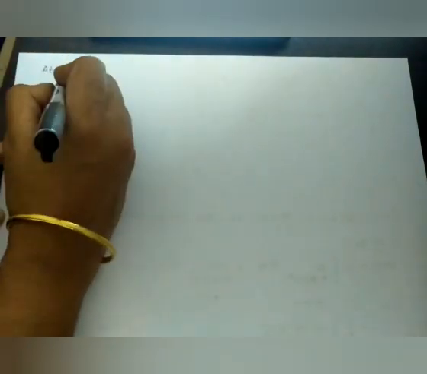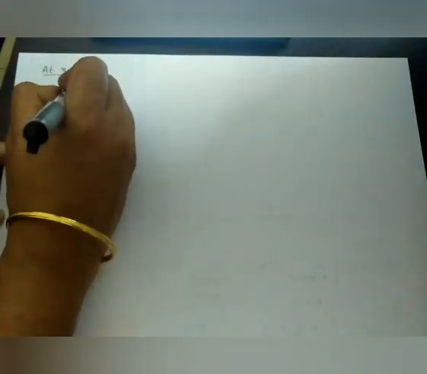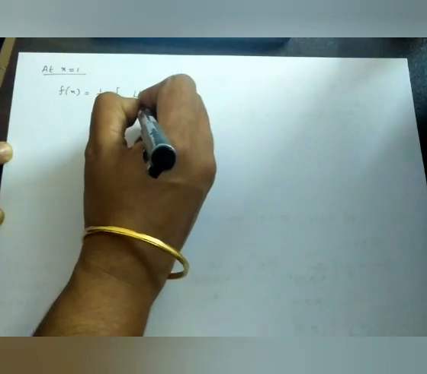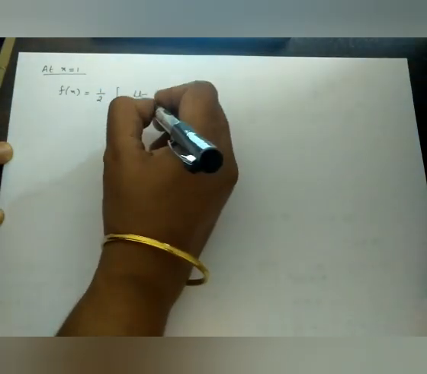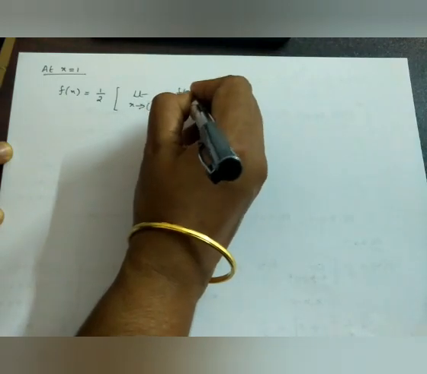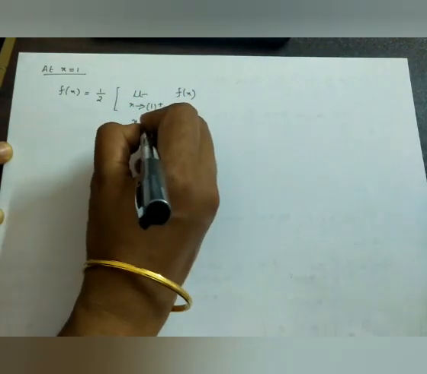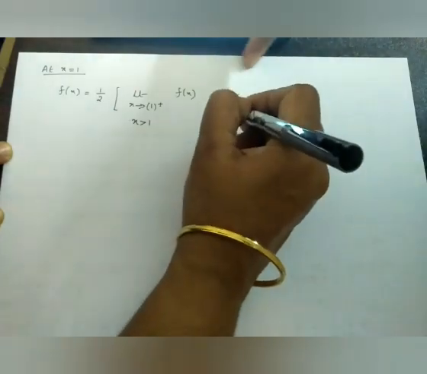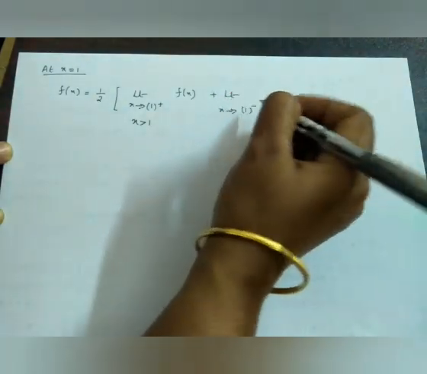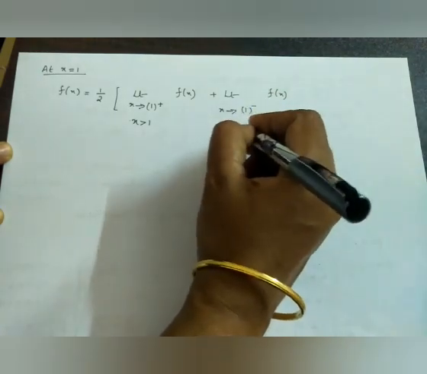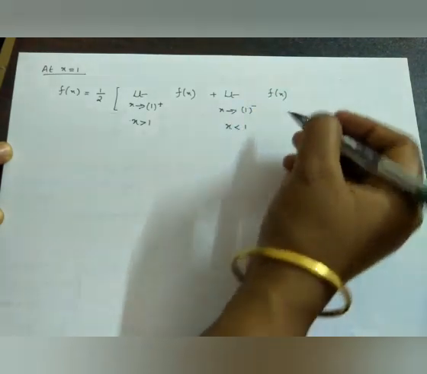At x is equal to 1, f of x is equal to, again, the average of the right hand and left hand limits, that is limit of x tends to 1 plus f of x, that means x greater than 1, plus limit of x tends to 1 minus f of x, that is x less than 1.